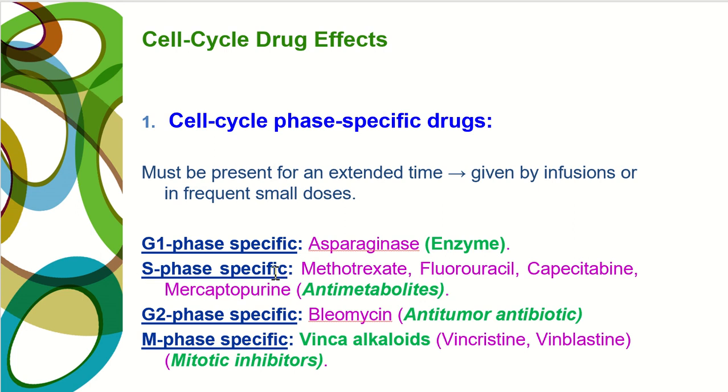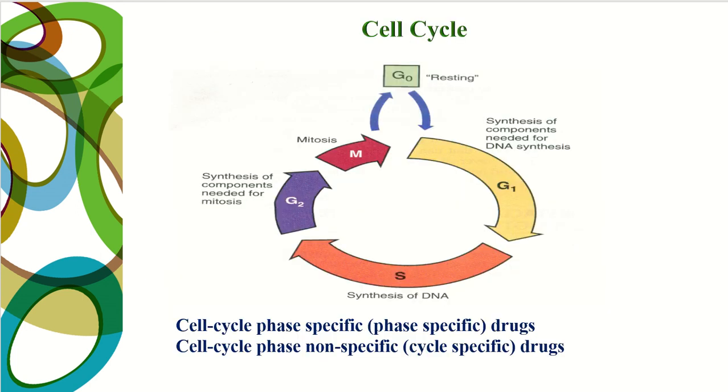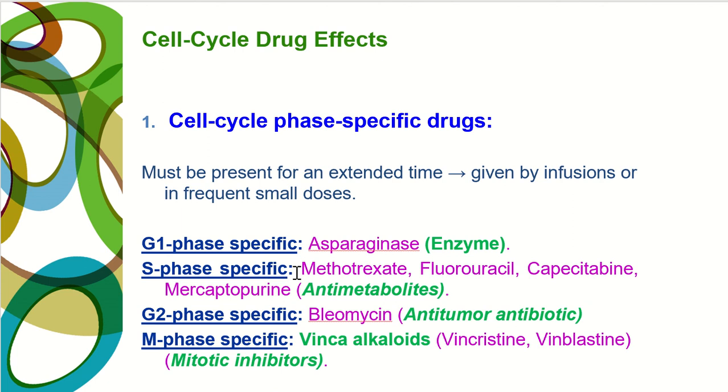G1 is our synthesis of components needed for DNA. S is the synthesis of DNA. So S phase specific drugs, we have a number of them. Fluorouracil might jump out at you, or any of these. These are our anti-metabolites.